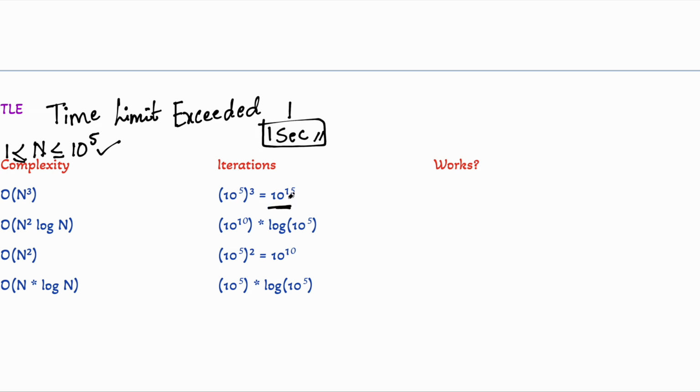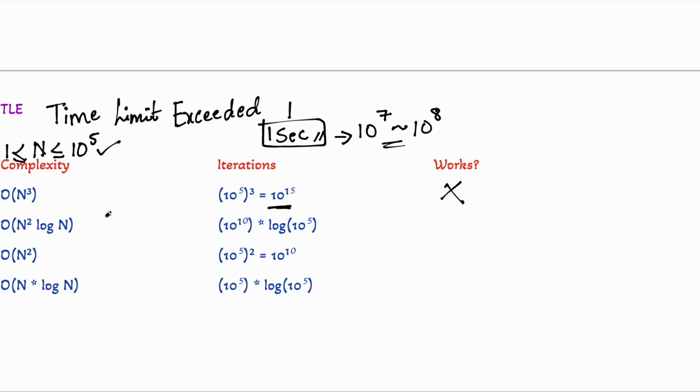Will 10 power 15 run in 1 second? We already know that 1 second is for a number of iterations from 10 power 7 to 10 power 8, right? So 10 power 15 is beyond that, and it can't run in 1 second. So this algorithm will not work.